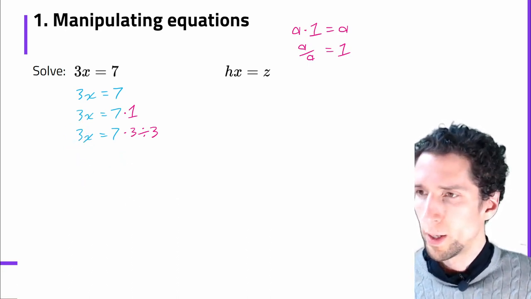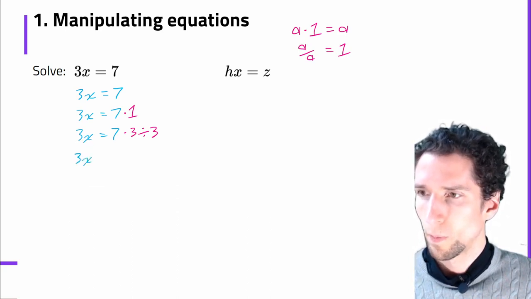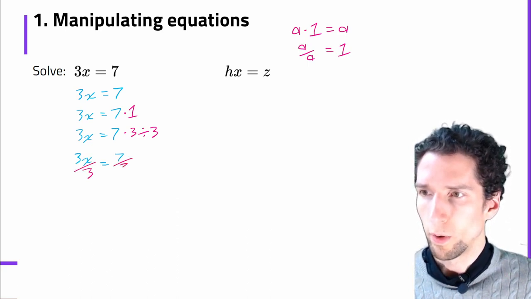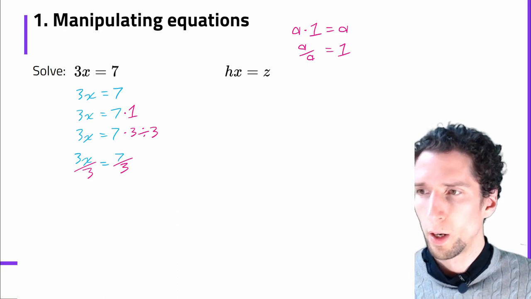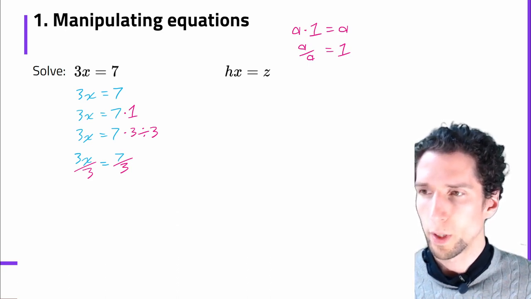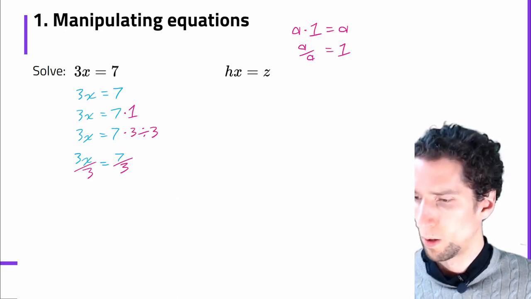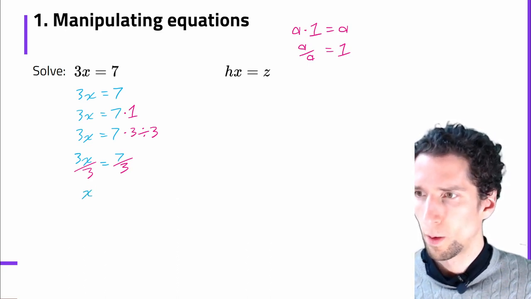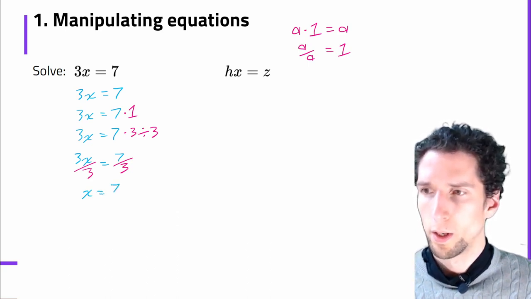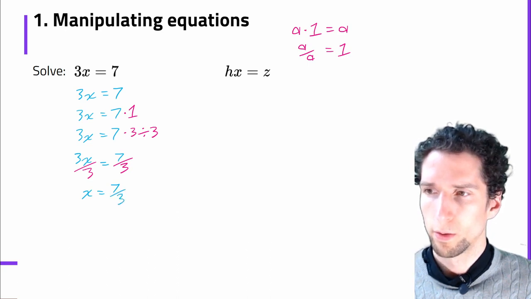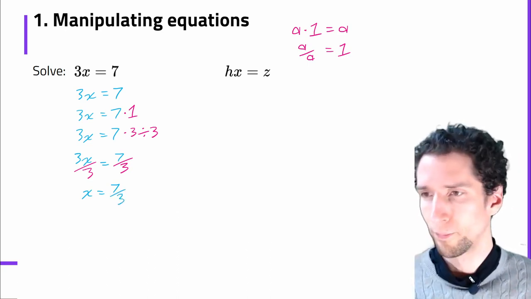All right, so then we will instead do 3x over 3 equals 7 over 3, like this. And then we have our 3 on the left here. 3 and 3 will cancel out, and we'll just be left with x there on the left, and on the right we will have 7 over 3.